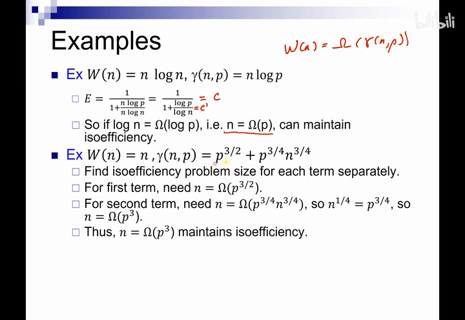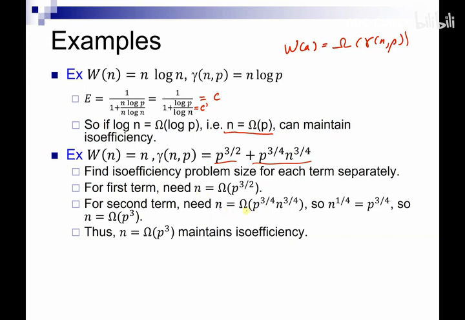Since we have two parts for this overhead term, we're just going to do this separately. So we need W of n to be omega of the first term, omega of p to the 3/2. And then we also need W of n, which is equal to n, to be omega of the second term.